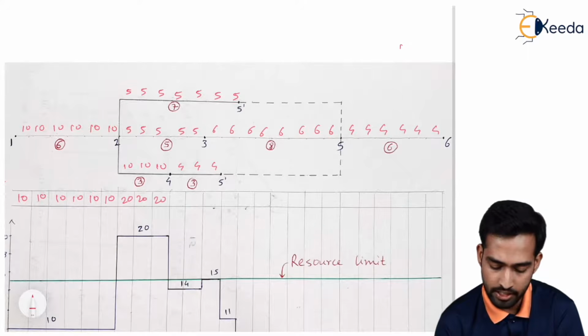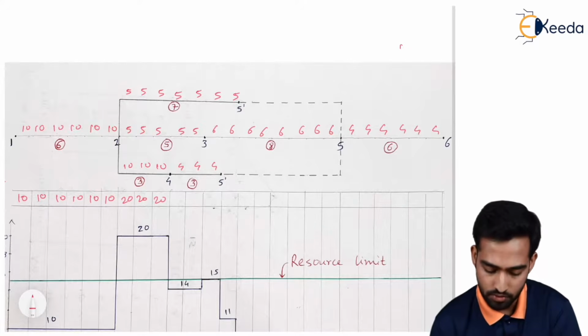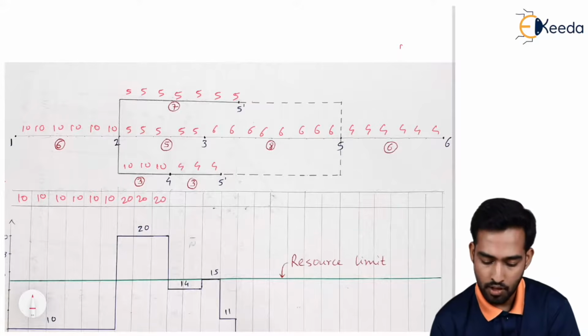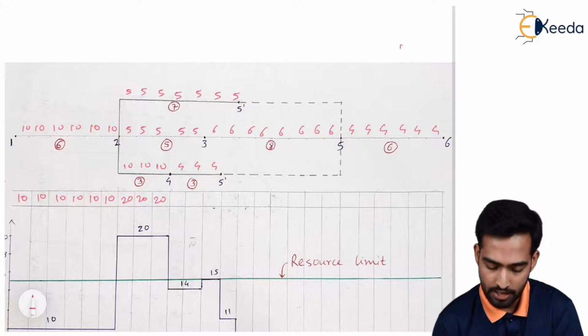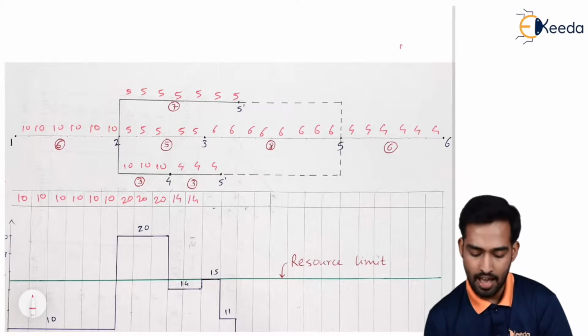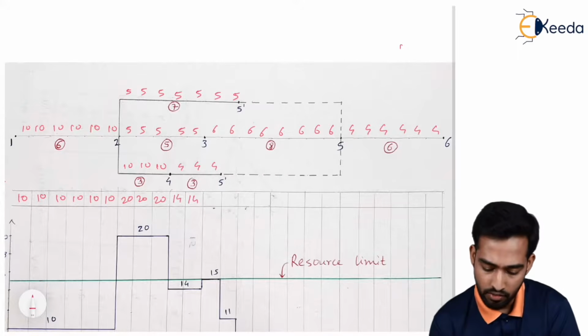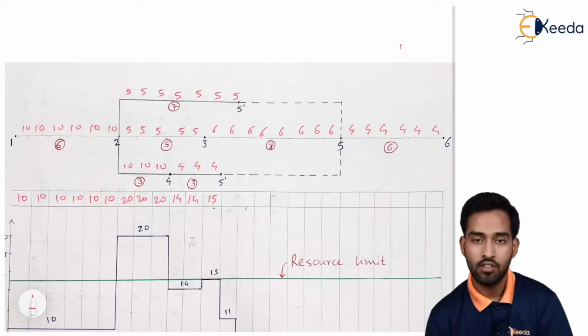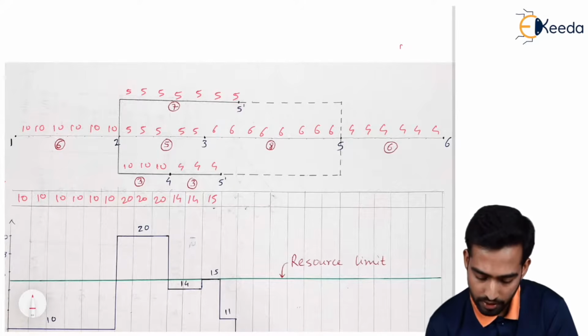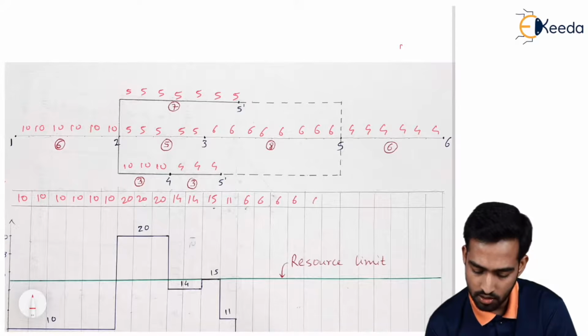So for the next 3 days we require 20 machines. After that 5 plus 5 plus 4, so we require 14 machines for the next 2 days, and then 15 machines for this particular day, then 11, then only 6 machines, and for the remaining days only 4 machines.